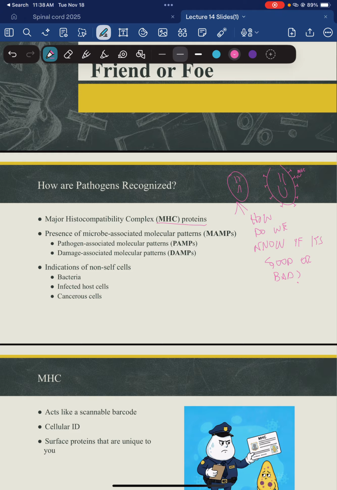In the context of this class, MAMPs and PAMPs are the same thing. I usually use the term MAMP. So molecular associated, or sorry, pathogen associated molecular patterns. So these are basically patterns that exist only on pathogens, patterns that only exist on microbes, so microbe-associated, pathogen-associated.